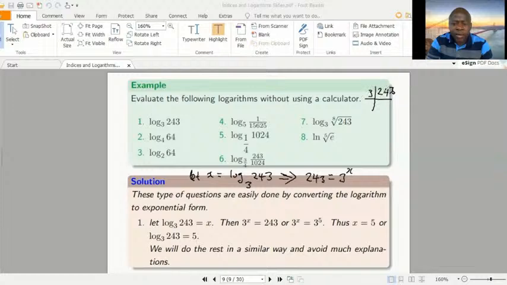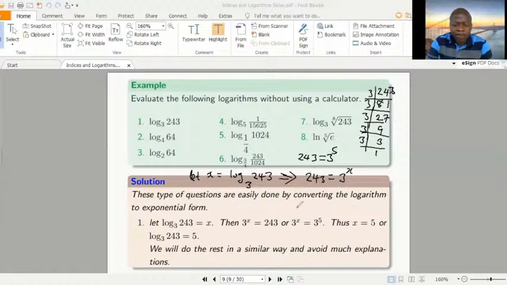I can see that 3 can go into 24 8 times and into 3 once. 3 can go into 27 nine times. 3 can go into 9 three times and 3 can go into 3 once. So 243 is just written as 3 raised to what? 1, 2, 3, 4, 5. 3 raised to 5.